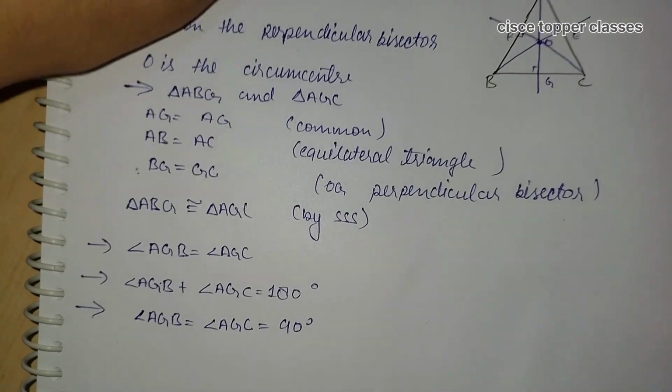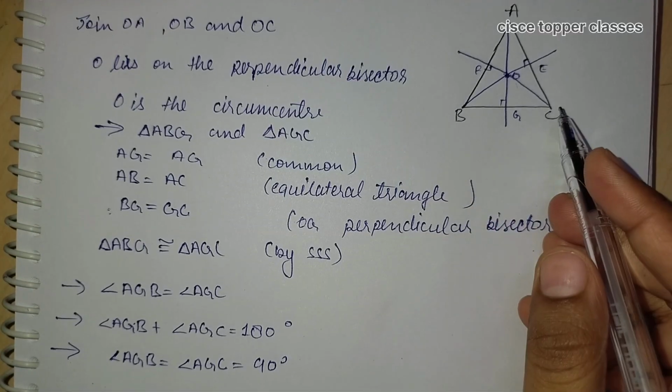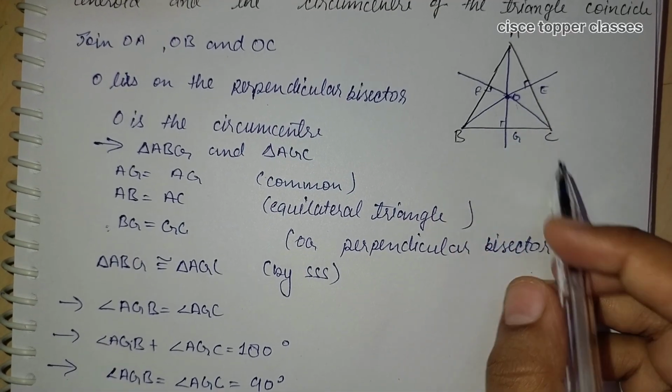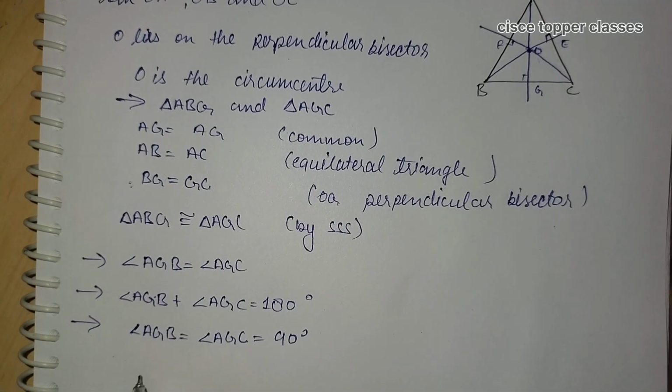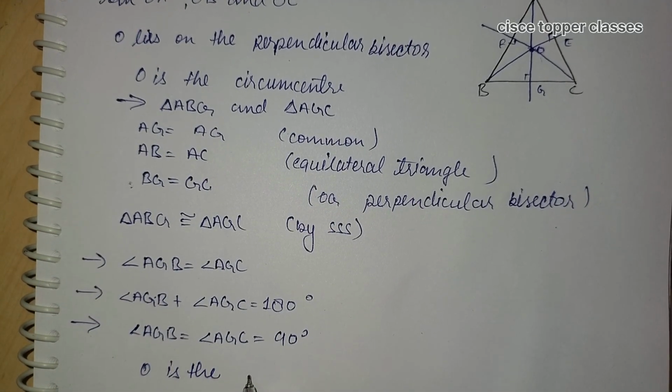And as we have proved that this line AG is a perpendicular and also a bisector, and O is the intersection of all these three perpendiculars, we can simply say that O is the centroid here.